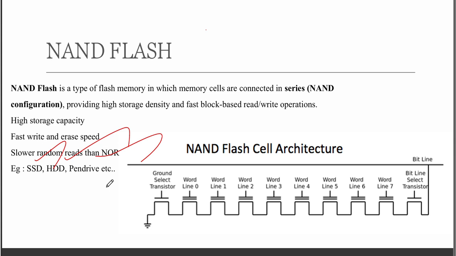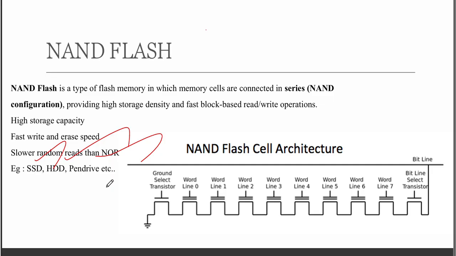These types of memories are used for writing and erasing operations, which means we can store multiple photos and multiple videos; everything will be stored inside the SSD, HDD, or pen drive. HDD means hard drive. SSD is a memory used in your laptops and computers, right? A pen drive is a smaller memory which stores huge data in a small size.